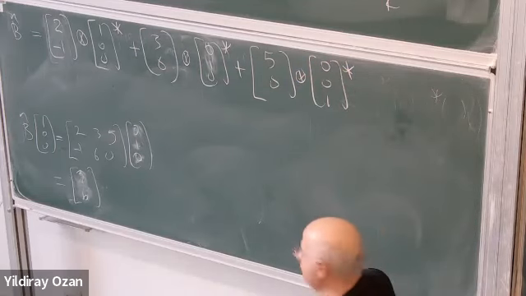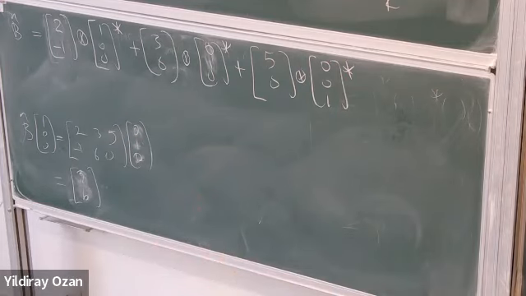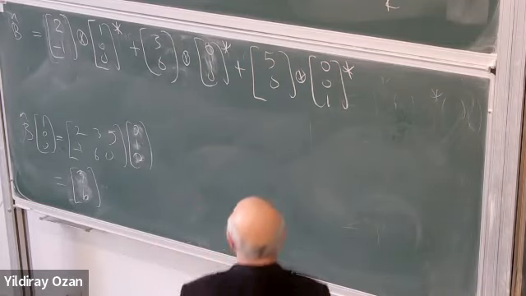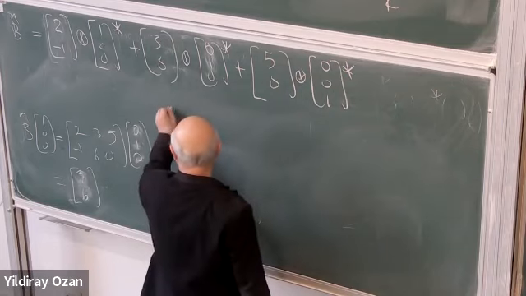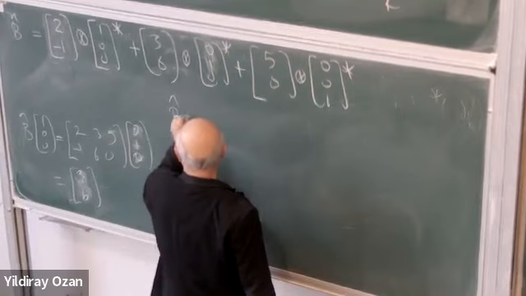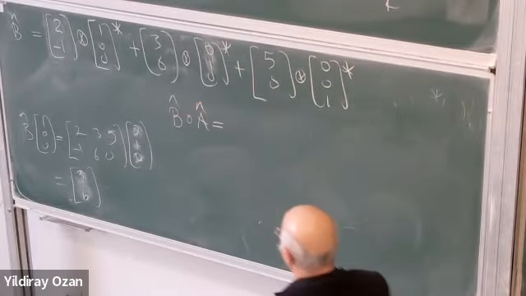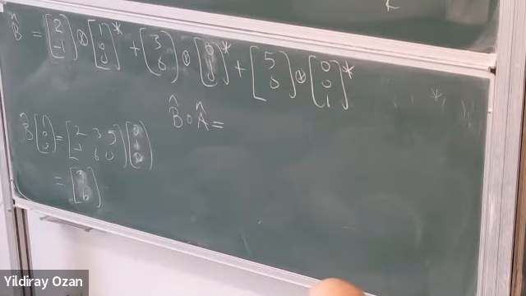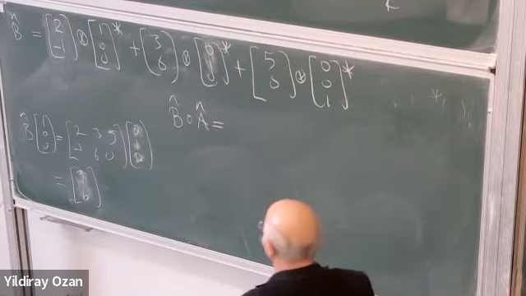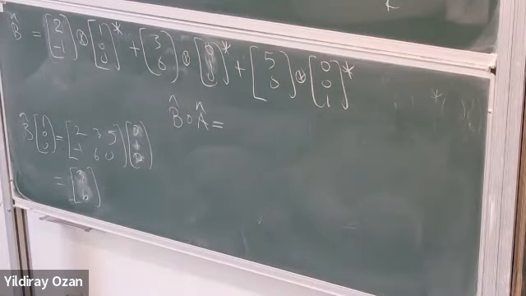Okay. Now let's see what is A hat, B hat. Composition. Önce A hat, sonra B hat. B hat composition. Okay. B hat bu. İsterseniz bunu şöyle de yazabilirim.